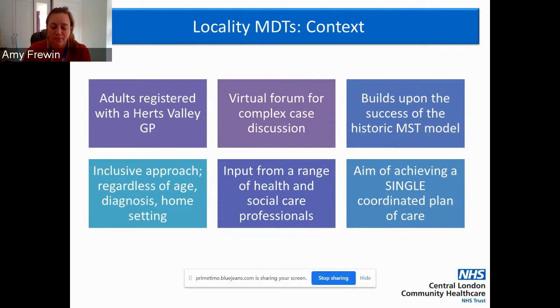So regardless of where the person lives, there's the opportunity for an MDT discussion as part of the locality MDTs. The meetings have a wide range of input from health and social care professionals, and this is supported by the funding in the locality delivery plans. And the ultimate aim is to achieve a single coordinated plan of care across organisations.